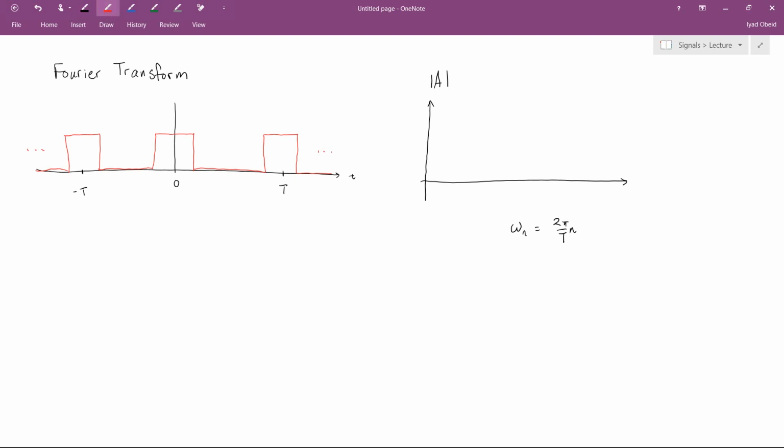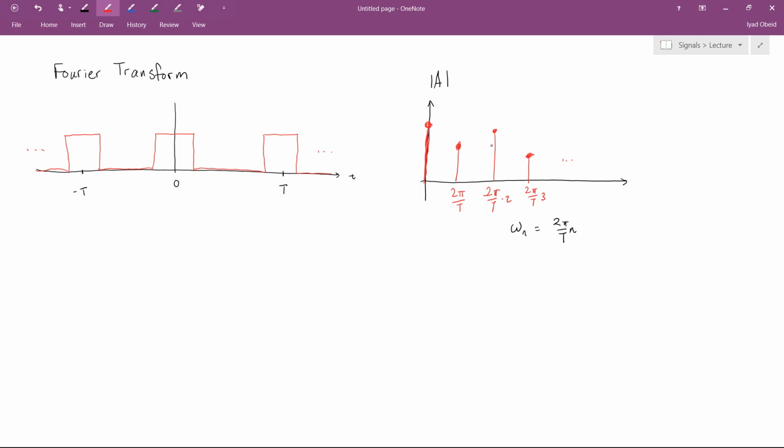So for example, the 0th harmonic is at 0. The first harmonic is at 2 pi over T. The second harmonic is at 2 pi over T times 2. And the third harmonic, let's put it over here, 2 pi over T times 3, and so on. And the specific heights of the sticks just have to do with the specific signal that you're taking the Fourier transform of.